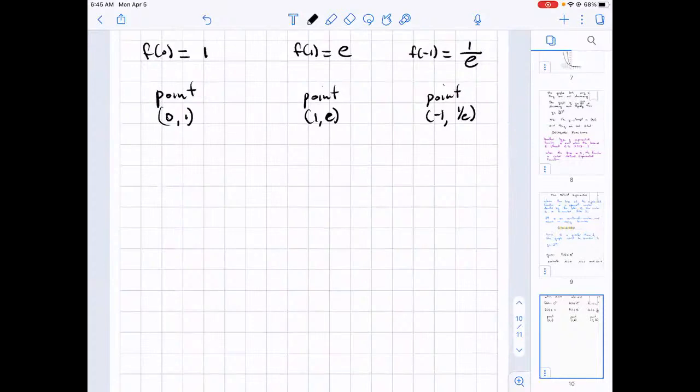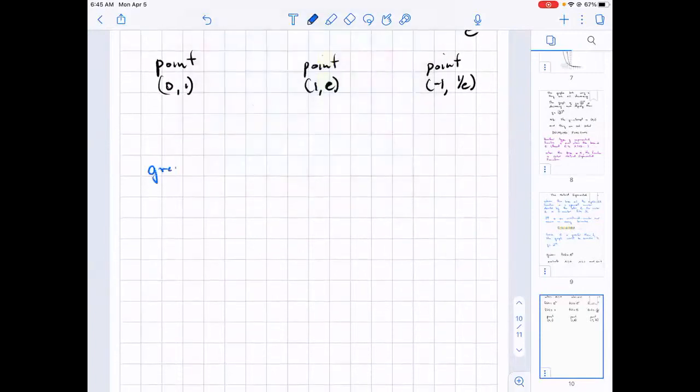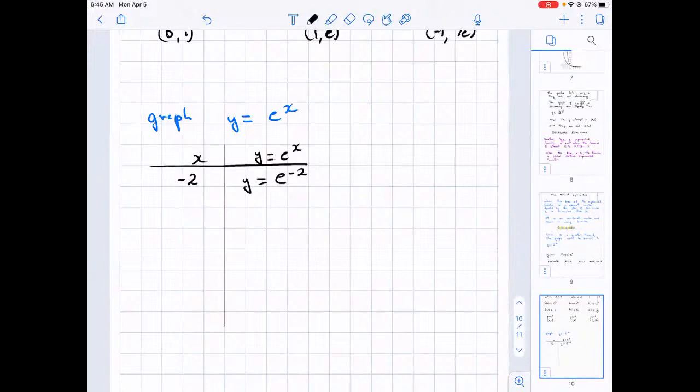So if we now look at the graph, let's graph y equals e to the x, okay? The first thing we can do is create a table of values. If we have x and y equals e to the x, you will notice that if we have minus 2, then this becomes y equals e to the minus 2, which is equal to 1 over e squared.